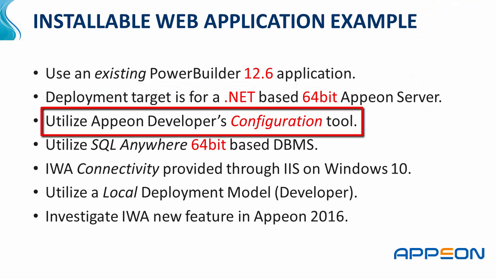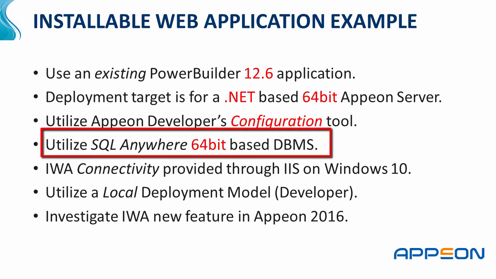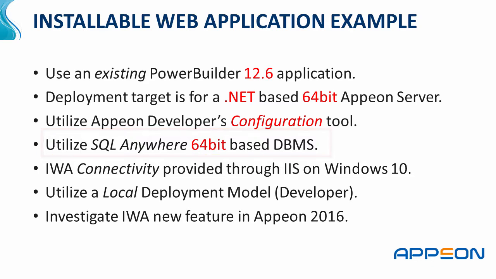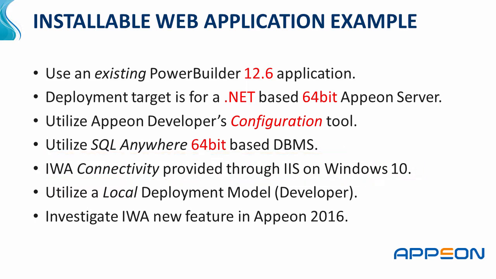We're going to be using Appeon Developer's configuration tool, of course the Appeon Developer being a utility that can be called directly from the PowerBuilder IDE. In the example application, it utilizes an SQL Anywhere 64-bit database and database management system. Connectivity for IWA applications is provided through IIS, and in this tutorial I'm running it on Windows 10.